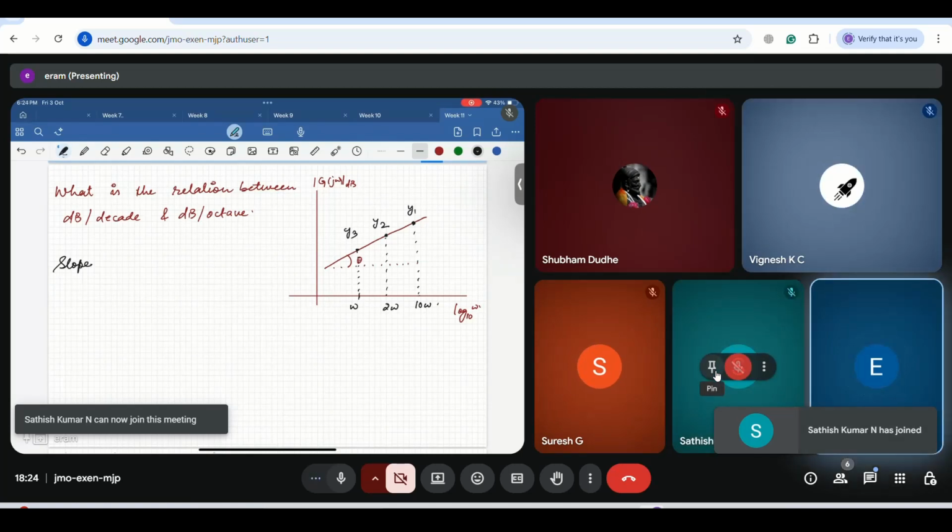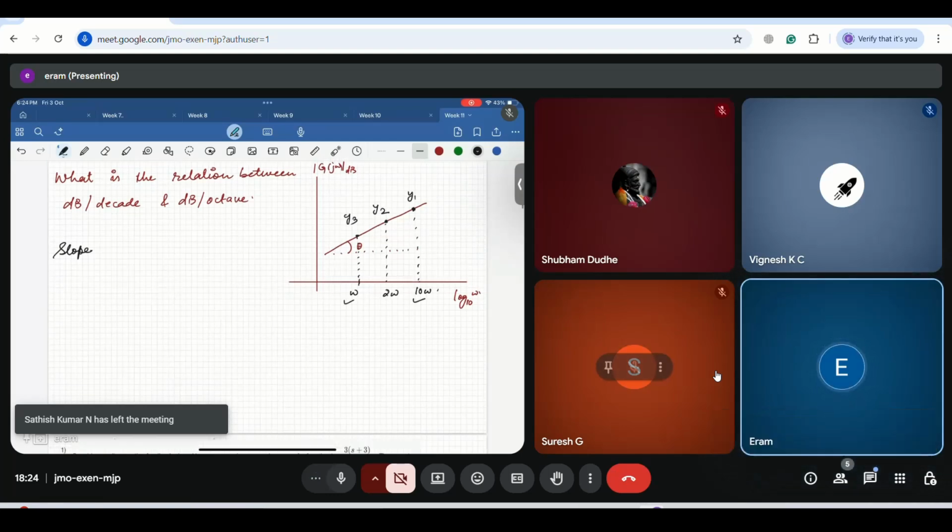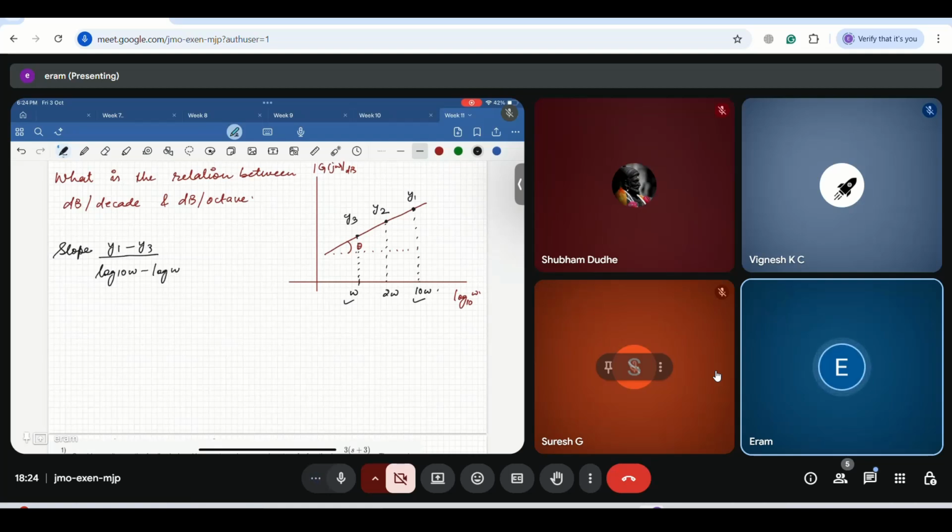Okay, so let's pick points at omega and 10 omega, then it will be y1 minus y3 divided by log of 10 omega minus log of omega, correct? So this will be equal to y1 minus y3 divided by log of 10 omega by omega. So that is nothing but y1 minus y3 by log 10, and log 10 is 1.